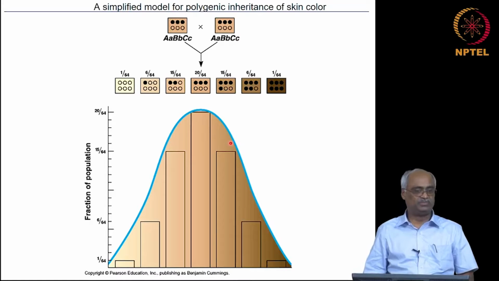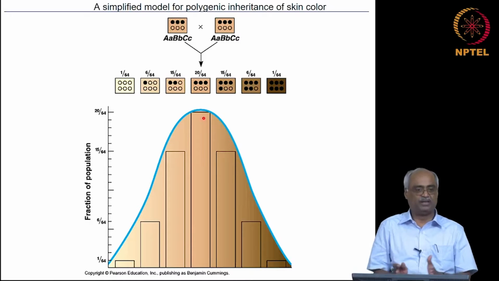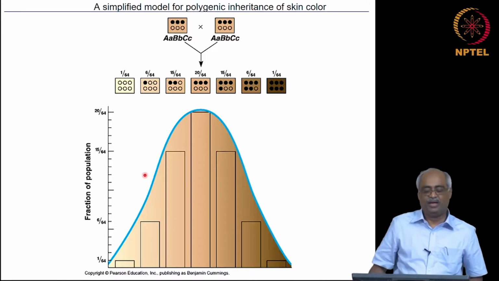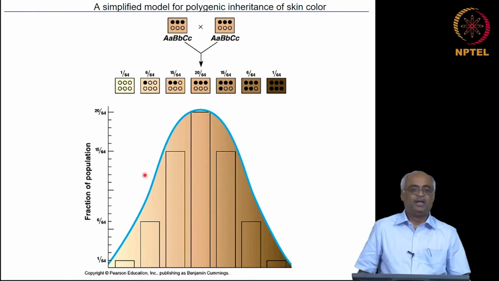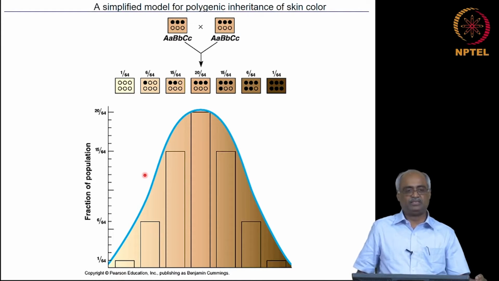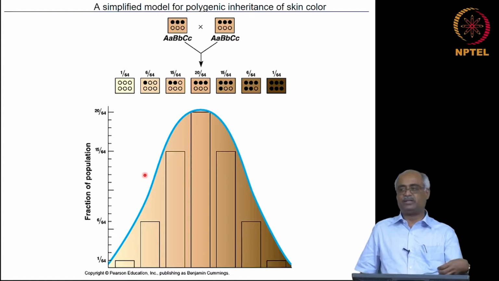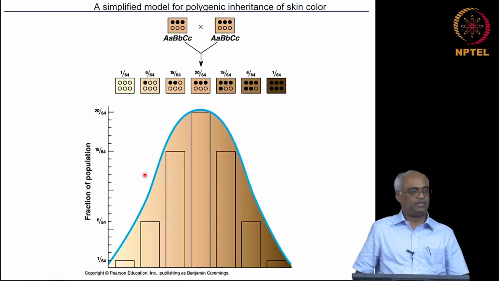There will be an average where the number will be maximum. So, it gives you a bell shaped curve, and that is because of multiple genes each having different alleles, and what combination comes together could determine the phenotypic outcome.